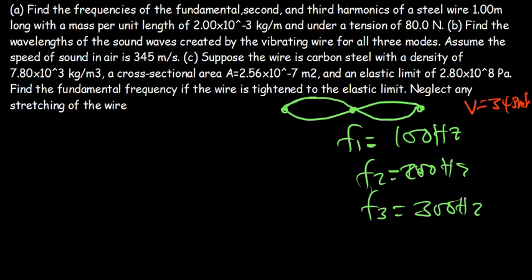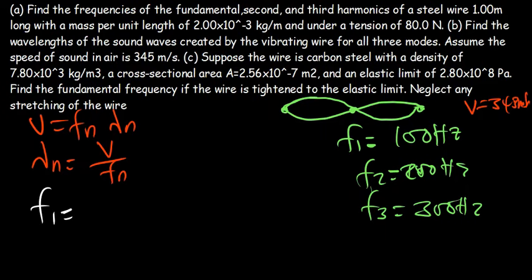So v will be equal to fn times lambda n. I want to find lambda n. So lambda n will be equal to v divided by frequency n. So if I want to find the first one where n is equal to 1, I'll use the first fundamental frequency. Okay, so I'll say lambda 1 will be equal to 343 divided by 100.